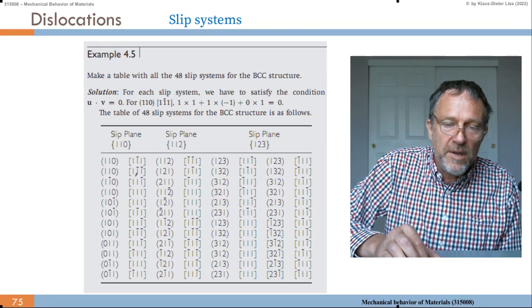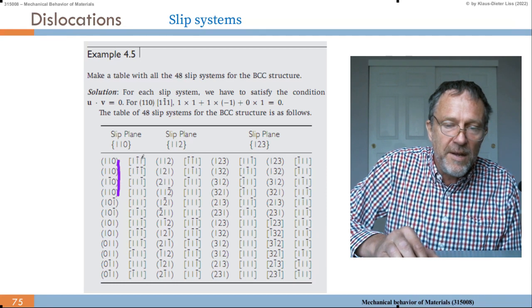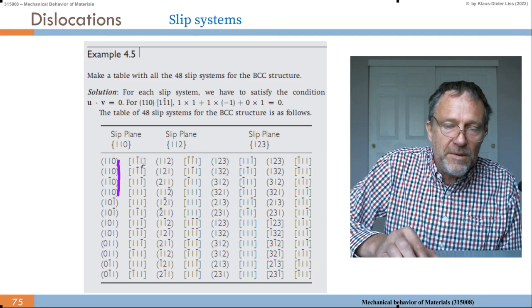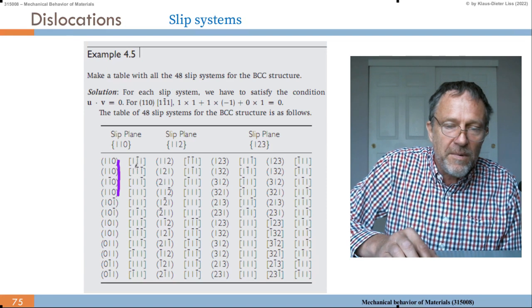And you can work it out for all the others. There's a 0 here, up to here there's always a 0 in the third, so you only need to check the first two. What's happening here?